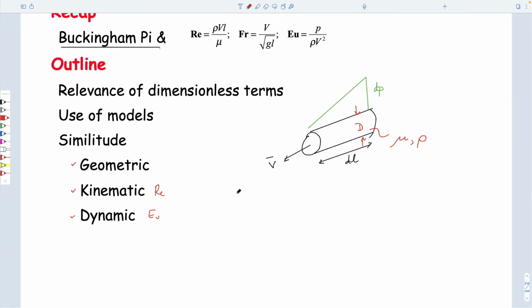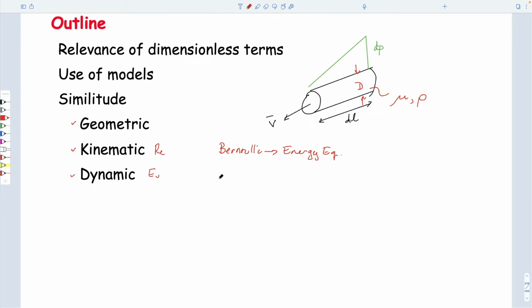Well, our ultimate goal is to use our old friend Daniel, but as the energy equation. And so the reason for doing this is that we want to write out P1 over unit weight plus Z1 plus V1 squared over 2g plus the pump head we put into the system is equal to this on upstream and downstream.